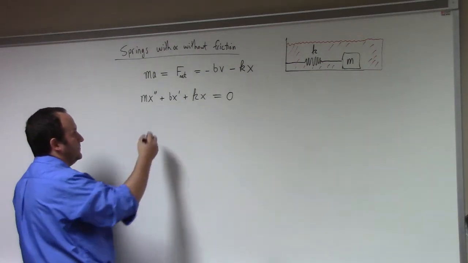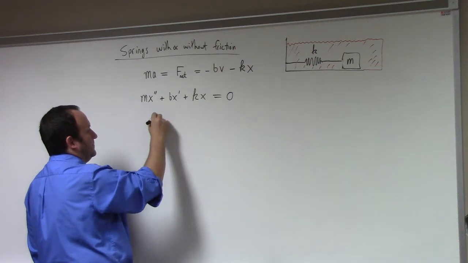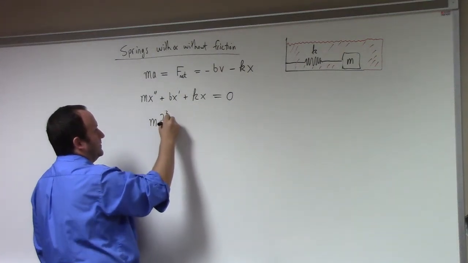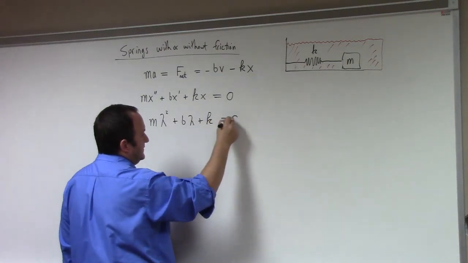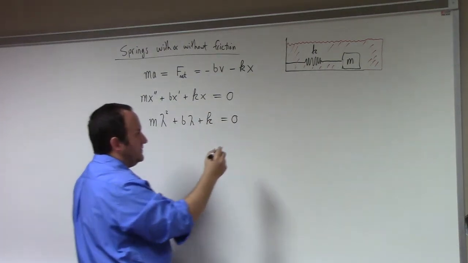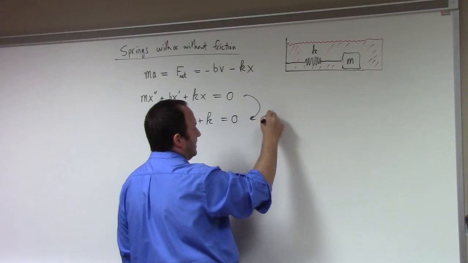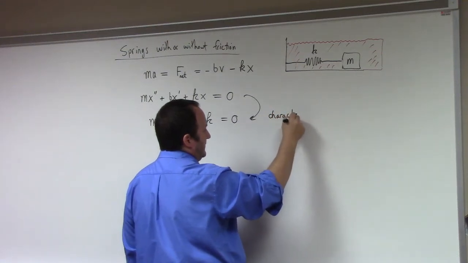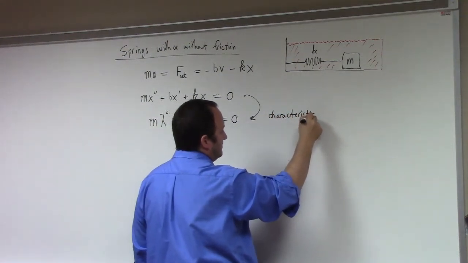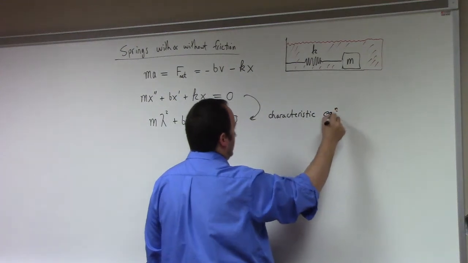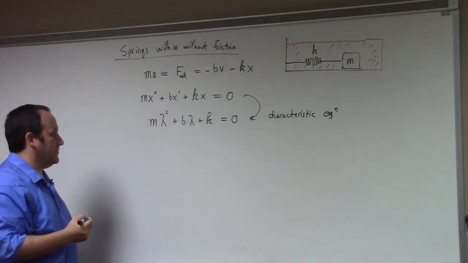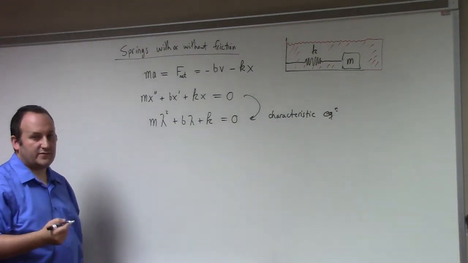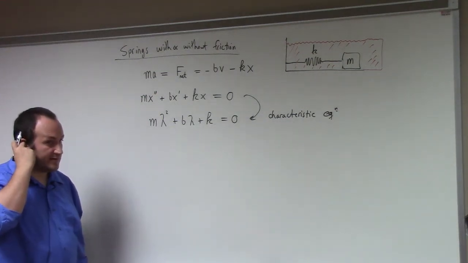So the way to do that then is this gives us m lambda squared plus b lambda plus k equal to 0. That's my characteristic equation. And that characterizes the solution. Right? As we've learned, there are a couple different cases. But, generically speaking, we could solve this with the quadratic formula, right?